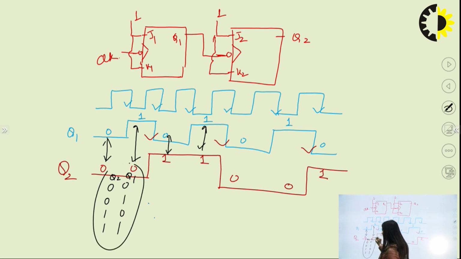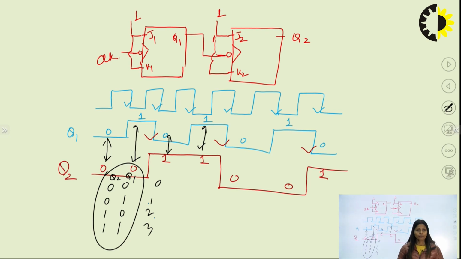This is the count from 0, 1, 2 and 3, and hence I have made the asynchronous counter by using just 2 flip flops.